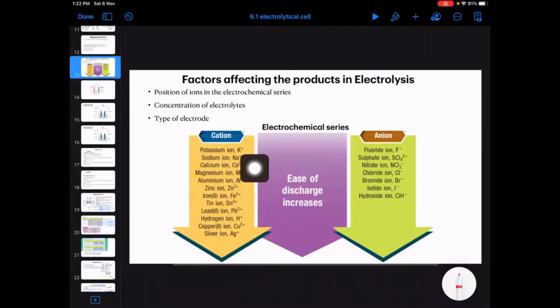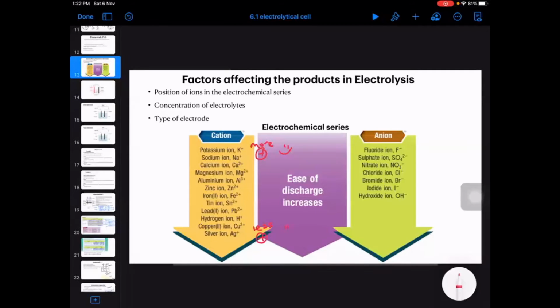On the top of the series, there are all the ions that are more electropositive. More electropositive means they like to become a positive ion. Moving down the series, for example silver, silver is less electropositive.